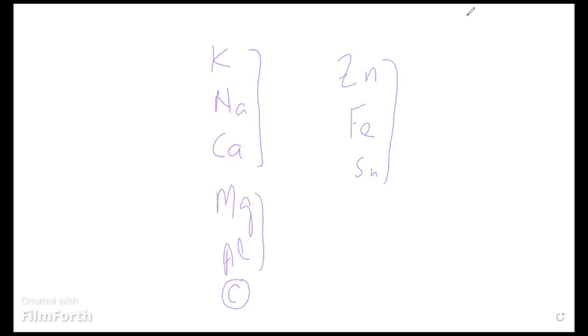Moderately reactive metals react with acids to form salt solution and give out hydrogen gas. Reactions get slowed down as we go down in the series.